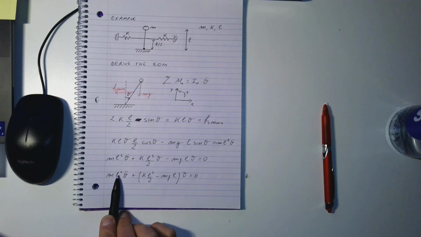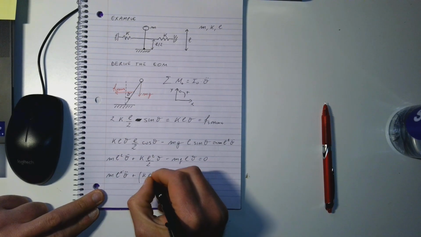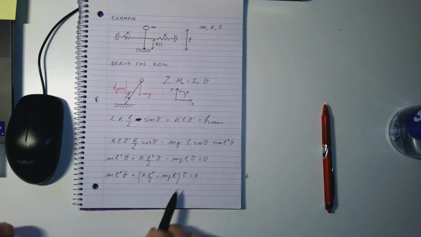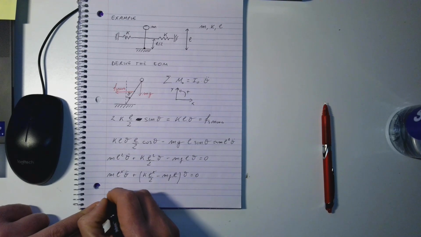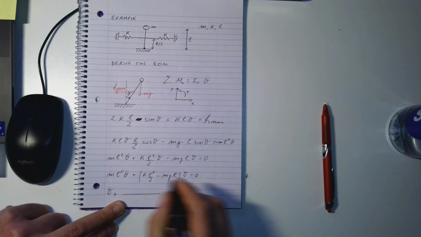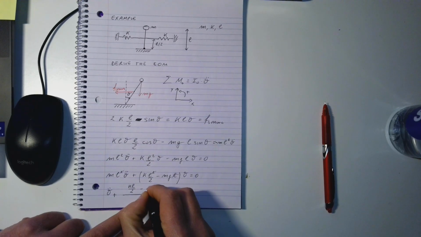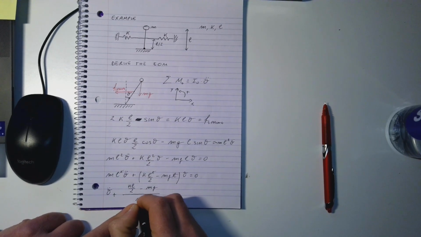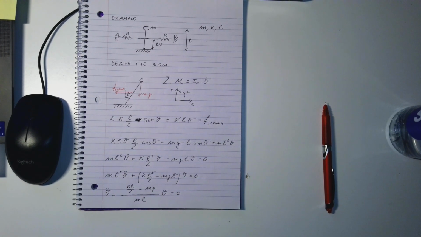We have L square here, and L here, which means that we can get rid of this square and this L. So we can now write the equation in the standard form, which means that we have theta double dot plus (kL over 2 minus mg) divided by ml times theta equal to 0. So this is the equation of motion in standard form.